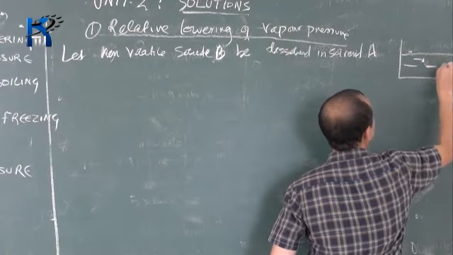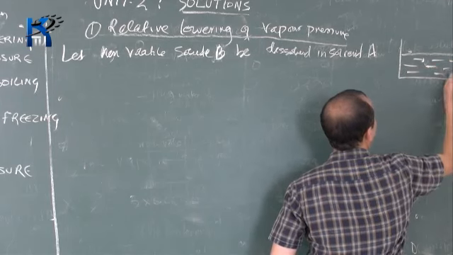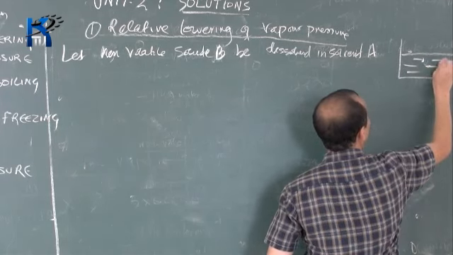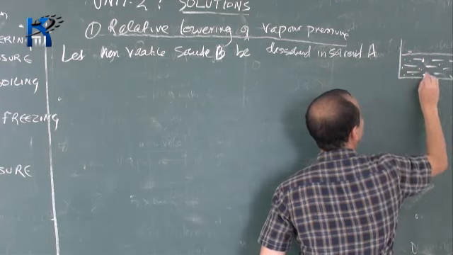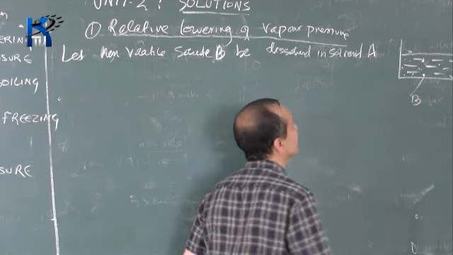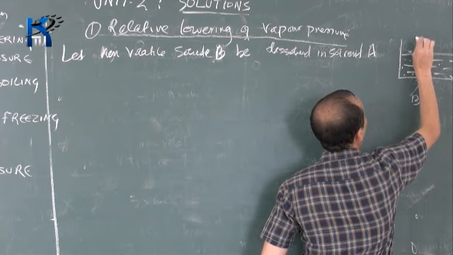This solvent is your A, and now we have the solute, which is your B. So we will have solvent molecules as vapors on the surface.